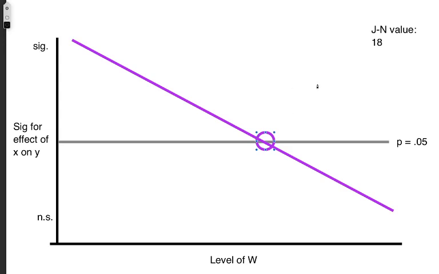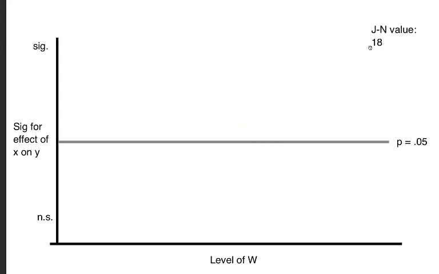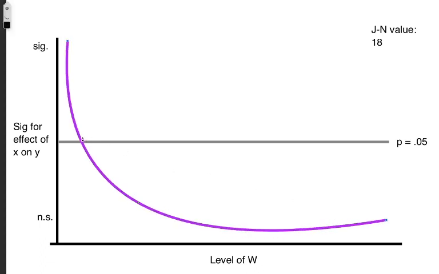I'm using above and below the mean here, but remember that it's possible we see something like this, where the Johnson-Neyman value would still be, say, -18 again, so it's only significant for very low points.